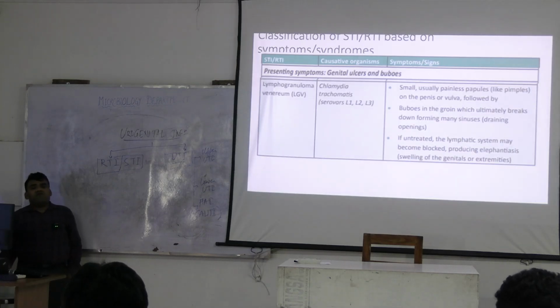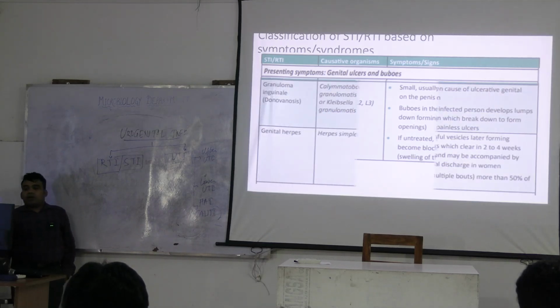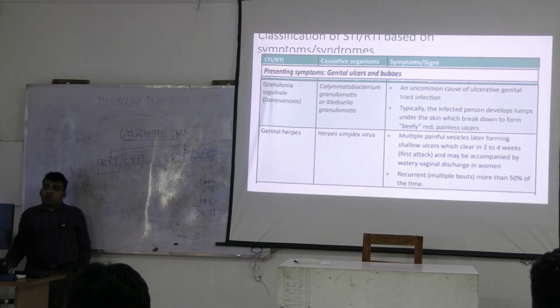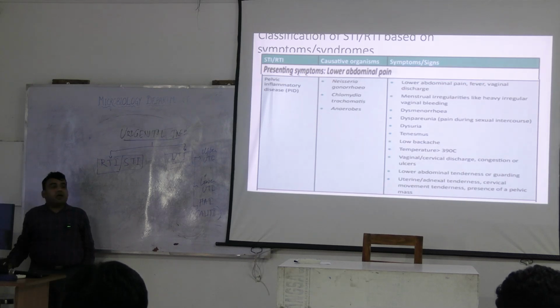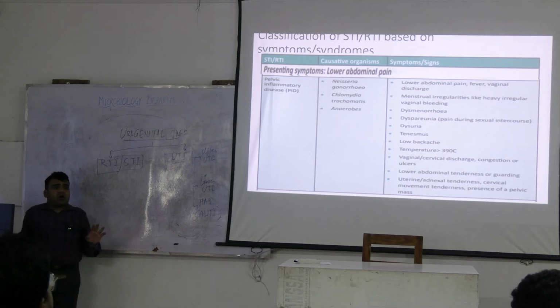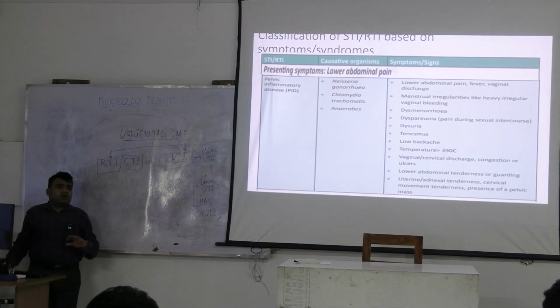Next would be lymphogranuloma venereum caused by Chlamydia trachomatis. Other could be donovanosis caused by Calymmatobacterium granulomatis, or genital herpes. These are the causes of inguinal bubo, that is swelling in the inguinal region with or without genital ulcer.